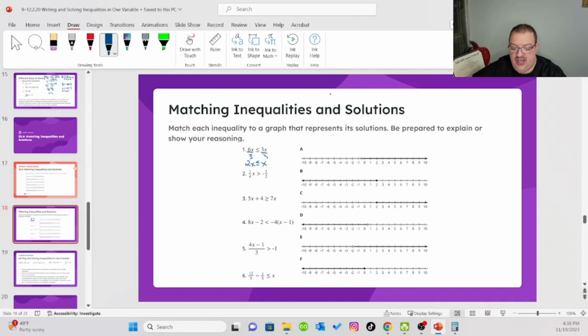So I could have 0, because then 0 is equal to 0, or I could have any negative numbers, because a negative times a positive is negative, and double that negative number is going to be less than that negative number by itself. So we want to start at 0, and we want it to be a solid. So 1 matches with F.